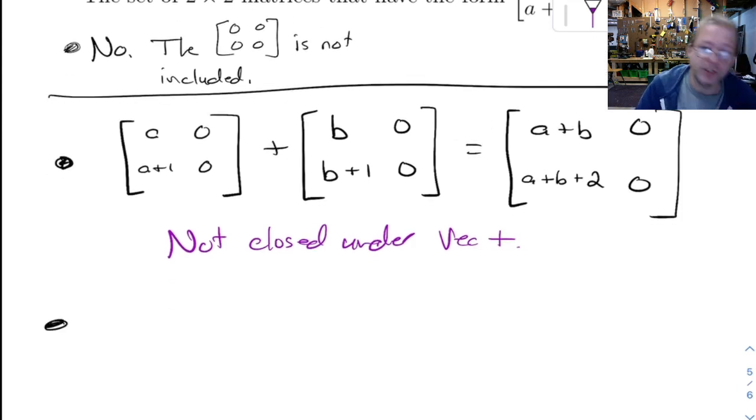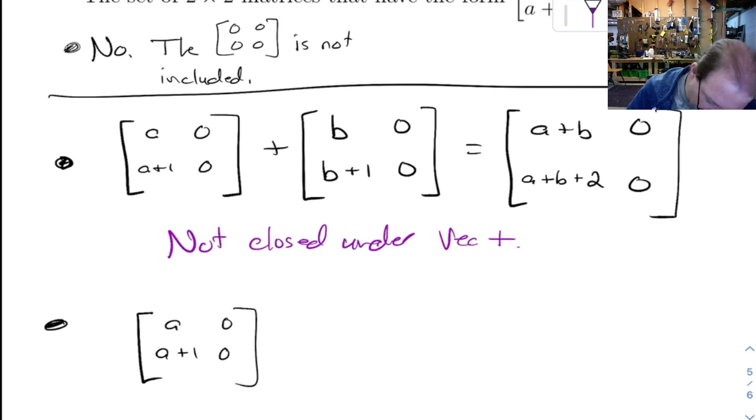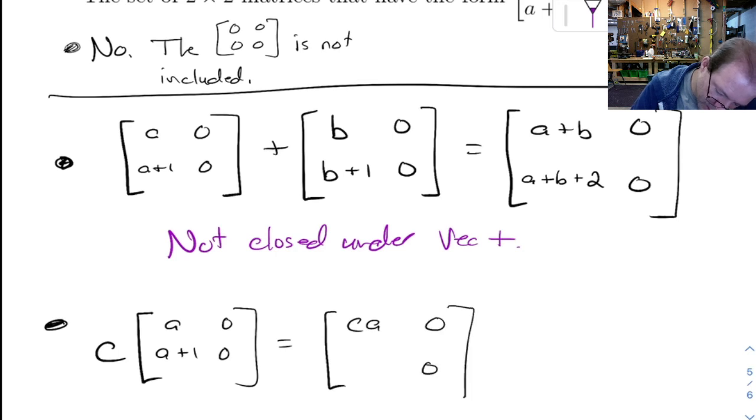And if you wanted to check scalar multiplication, that would also work. If you take the matrix with A plus 1, 0, 0, and multiply that by an arbitrary scalar C, you get CA, 0, 0. Down here you get CA plus C. So does this have the right form?